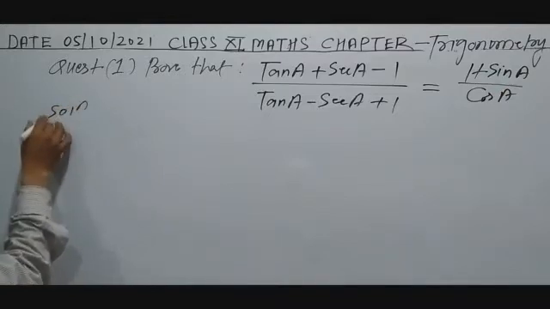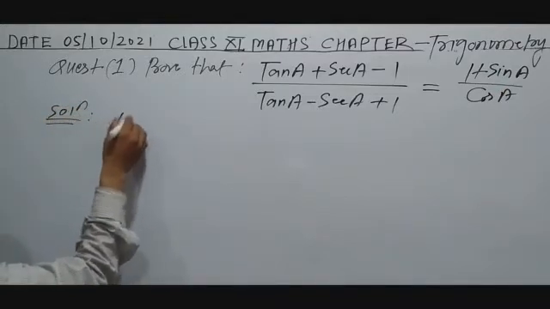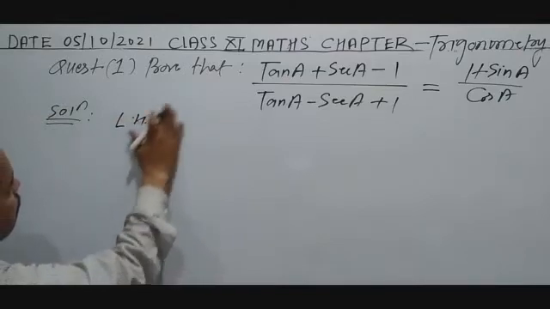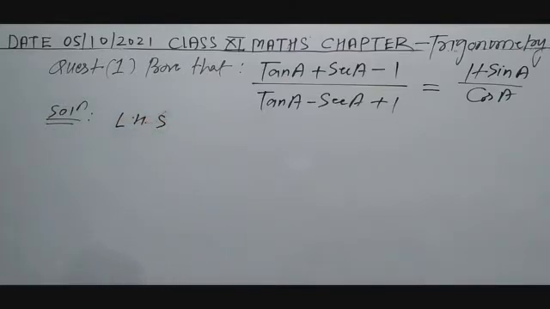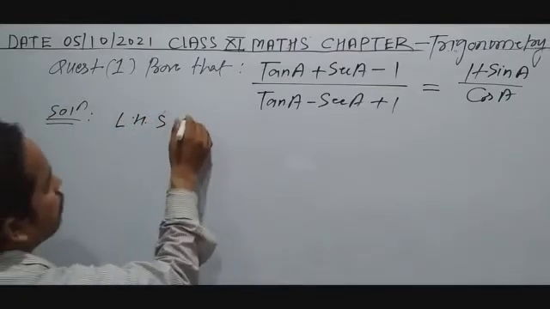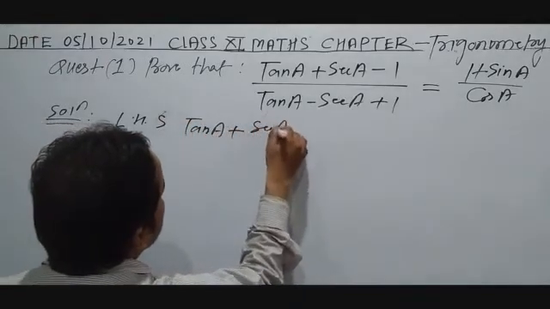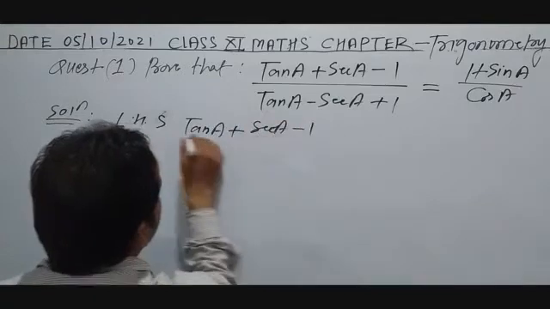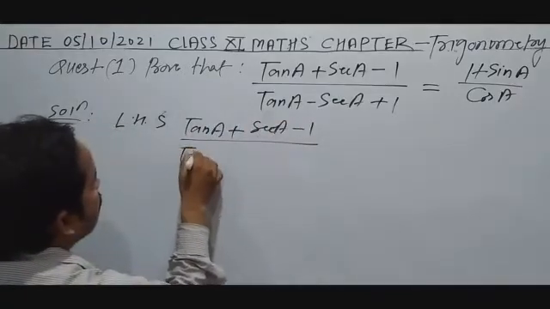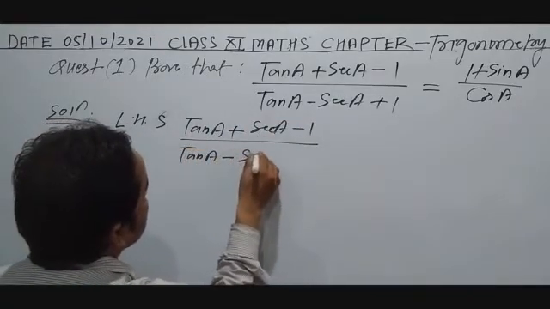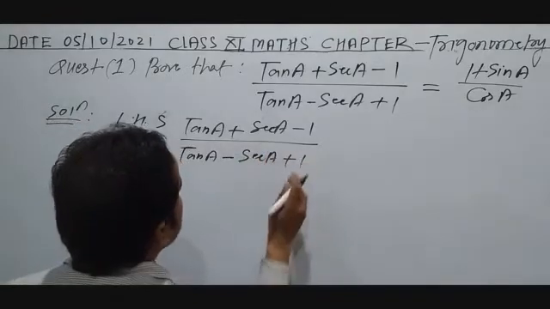Solution: taking the left hand side, it is (tan a plus sec a minus 1) whole upon (tan a minus sec a plus 1).